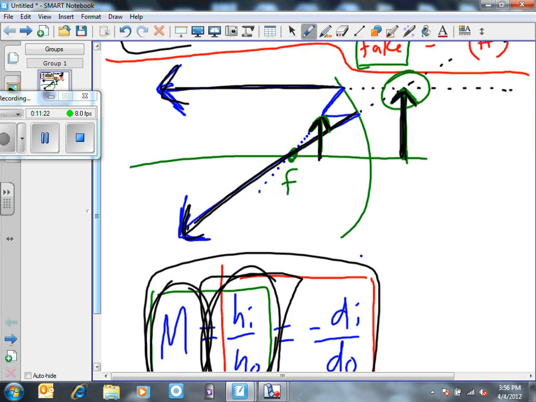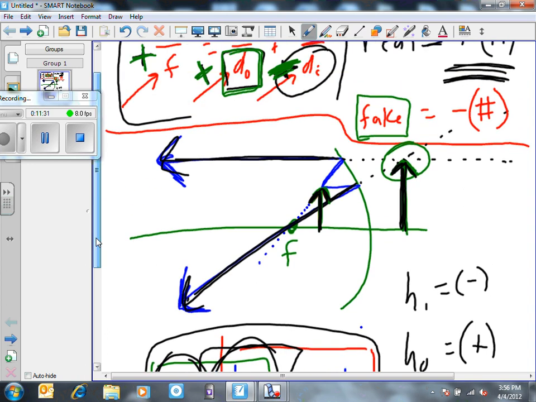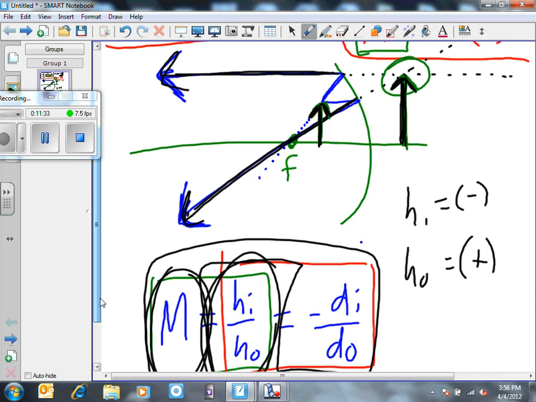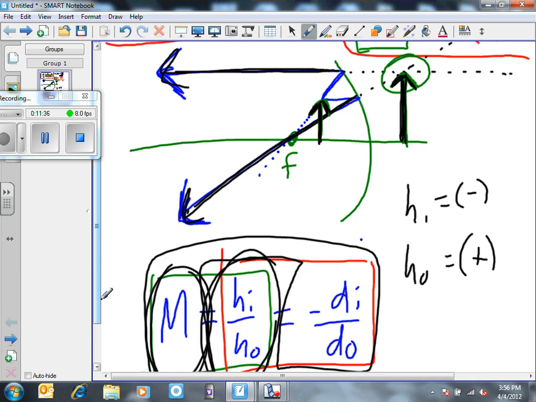So only when you have, like if your h_i is a negative number and your h_o is a positive number, that means that they're on the opposite sides of the principal axis, like our last picture. So if I had an object here and I ended up having an image here, then this would be a positive for the height of the image, and then this would be a negative. And it just means it's on the opposite sides of the principal axis. Okay?